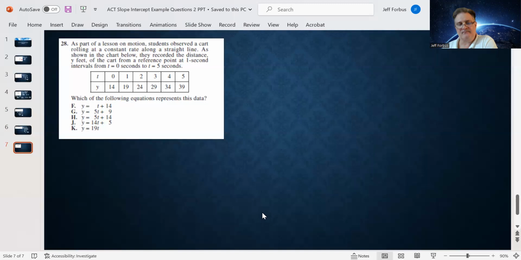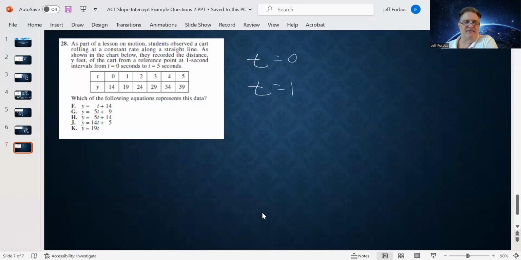Well, in this case, you can just take a point and plug into each one of these equations. We'll take 2 points. Let's take t equal to 0 and t equal to 1 and test them. If we put it into F, t of 0 gives us 14, so that looks like that works.